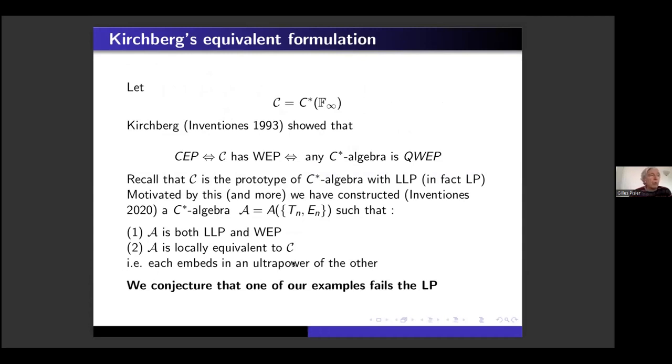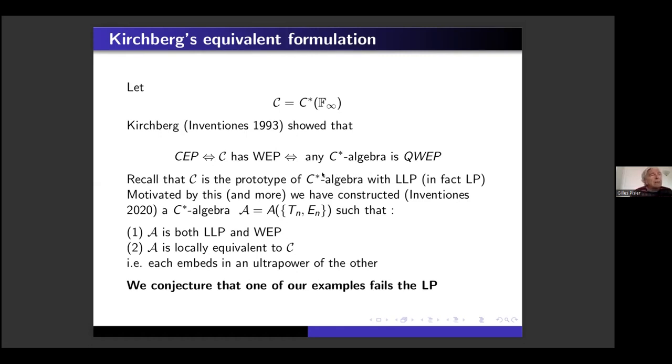Kirchberg's equivalent formulation of the Connes embedding problem is very striking. It is that this problem of Connes concerning all finite traces on von Neumann algebras is simply equivalent to the assertion that the full C-star algebra of the free group on 2 or infinitely many generators, I prefer to use infinitely many generators because that's a nice universal object, has the weak expectation property.